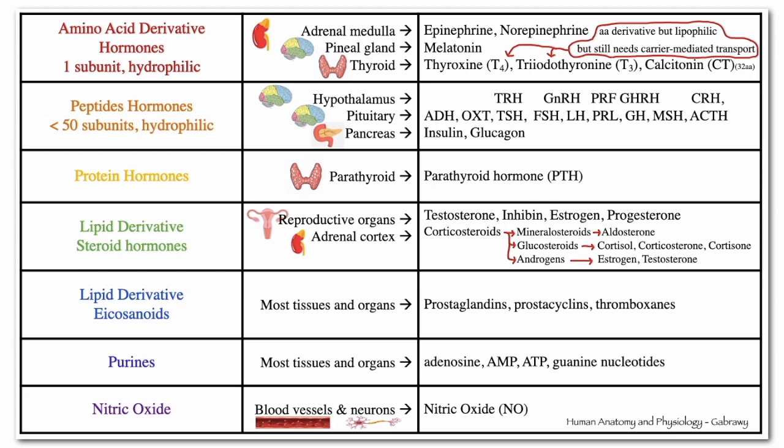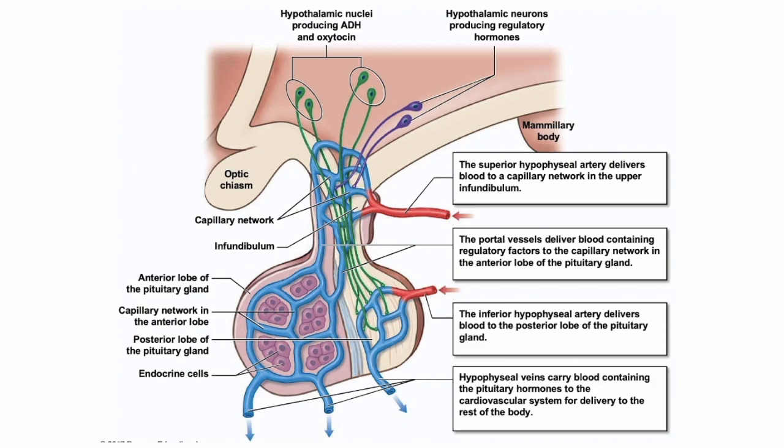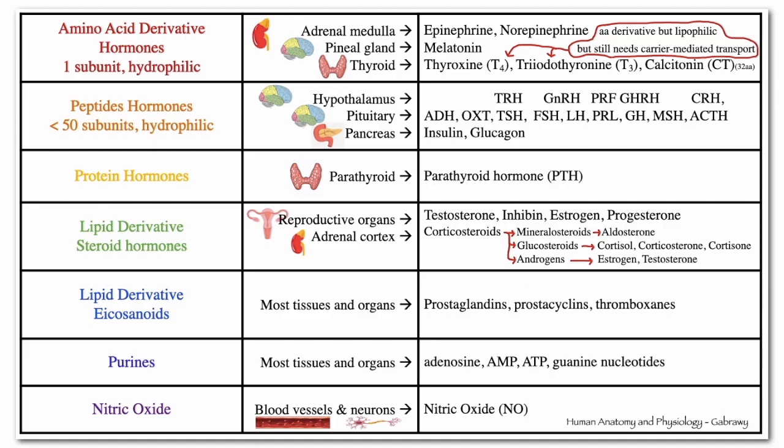TRH makes its way through the superior hypophyseal artery and reaches its target gland, the anterior pituitary, where it will cause the endocrine cells of the anterior pituitary to release TSH, or thyroid stimulating hormone, and then TSH will make its way to the thyroid for the thyroid to release its own hormones, T3 and T4.